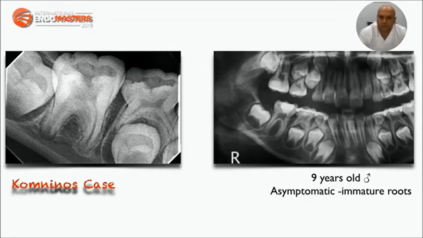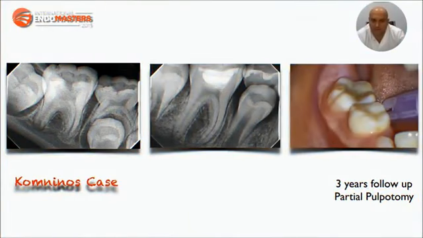Vitality testing was within normal limits. Three years later, complete root development after partial pulpotomy in Komnenos' case was evident. The response to thermal vitality testing was again positive, suggesting that a vital functioning pulp tissue exists here.